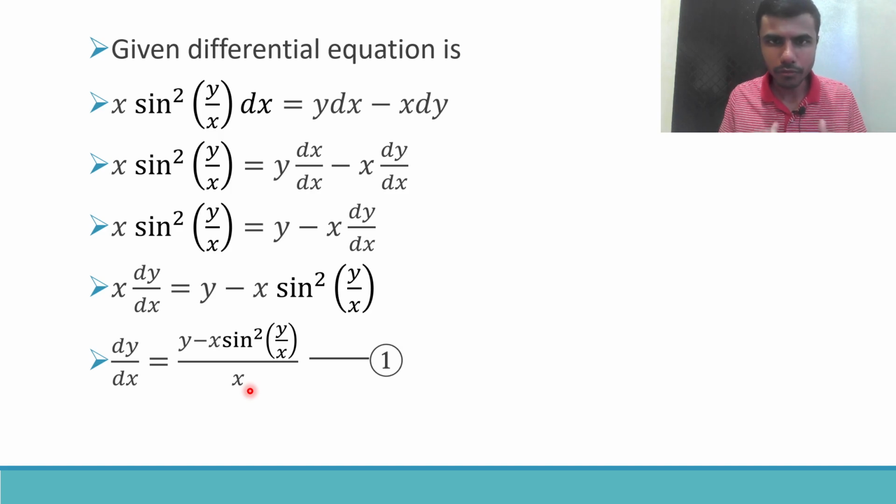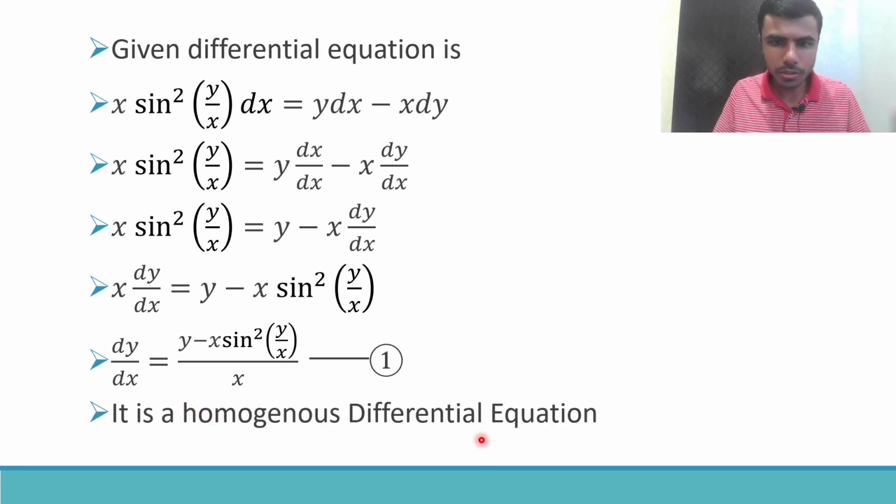Whenever we get something of the form dy by dx is equal to one function divided by another function, and both of the functions are homogeneous functions with the same degree, I mean this one's degree is 1, this one's degree is 1, in that case this becomes a homogeneous differential equation. I do not want to cover that in detail here. If possible, I'll make a video on that someday later. So it is a homogeneous differential equation.